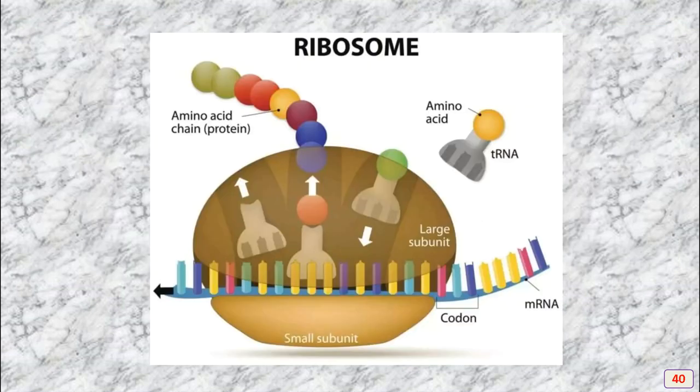Then ribosomes are going to produce proteins from the amino acids. Whereas the amino acids with tRNA can also go out, and the large subunit is called the outer cell membrane.